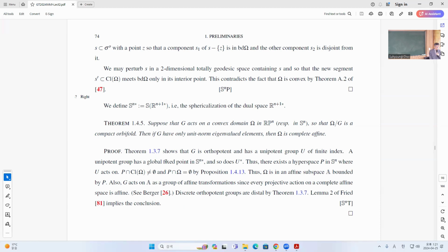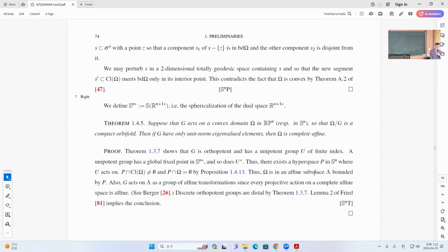So that's an important theorem, and the reason is if G has only unit eigenvalue, then it's also unipotent and has a unipotent group of finite index. Okay, so I showed that last time, and so this means a unipotent group has a fixed point in the dual sphere. So use Stardust 2. So there's some hyperplane where Gamma acts, and the intersection has to be empty. Okay, it's not empty, but the closure is not empty.